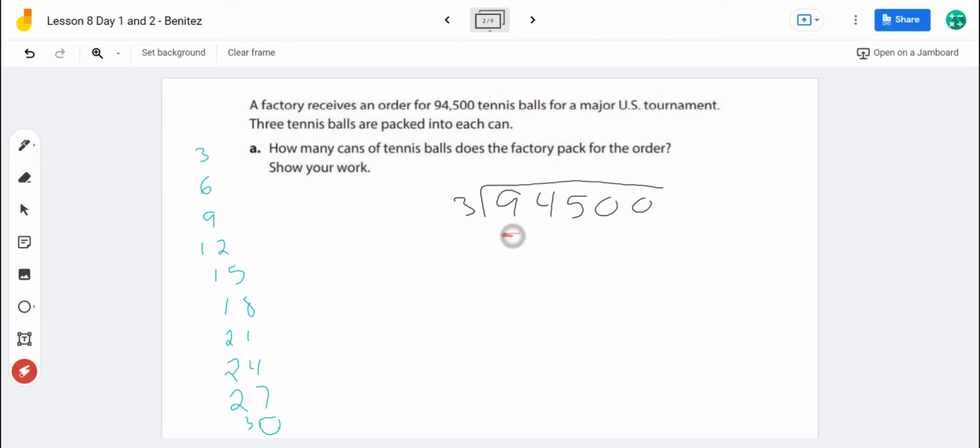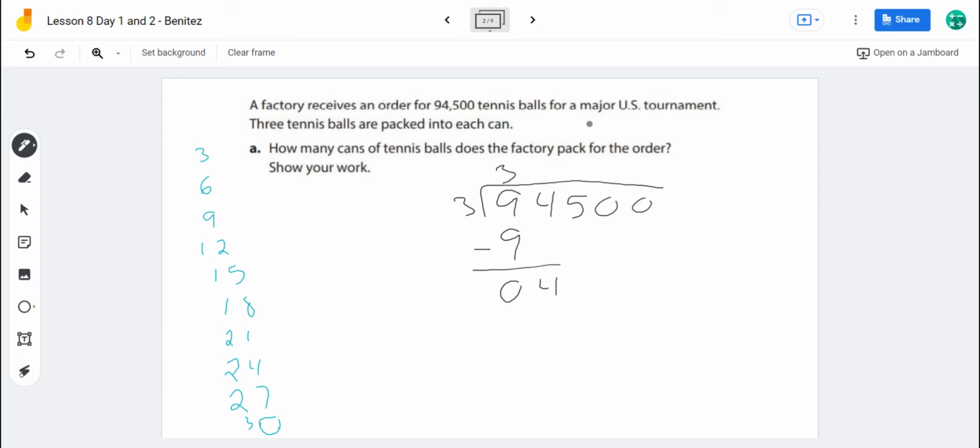Start with this first digit. Does 3 go into 9? Yes. 3 goes into 9 1, 2, 3 times. 3 times 3 is 9. That is a 0. Bring down the 4.